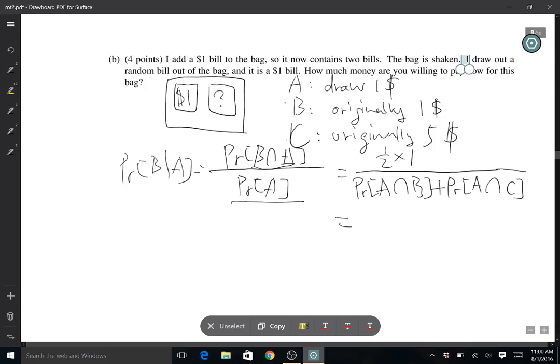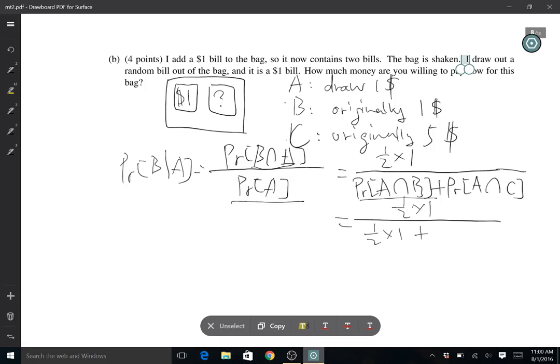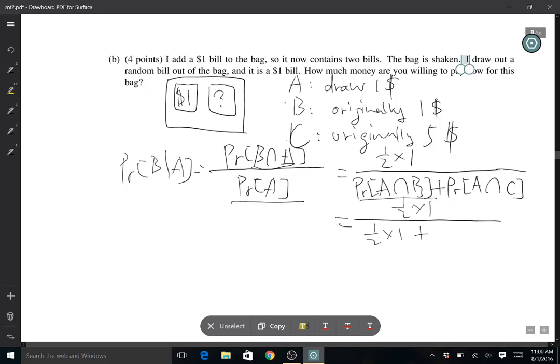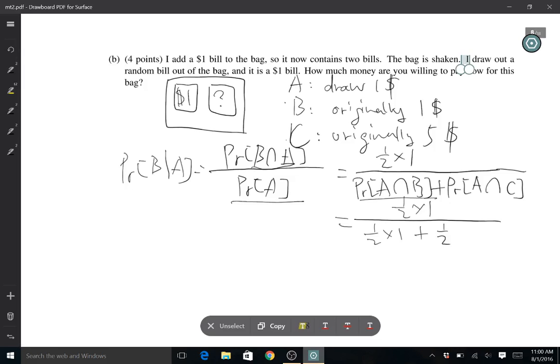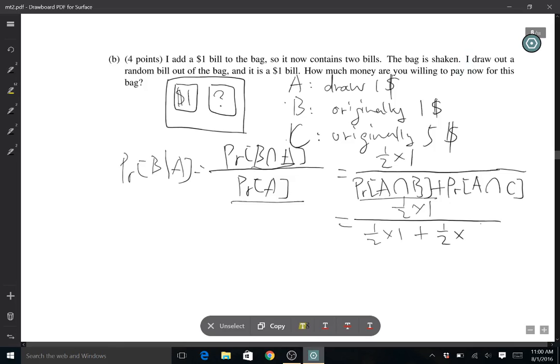So this is a half times 1. This is the same as the denominator, so it will be a half times 1. The probability of A intersect C, so the probability that originally there's a $5 bill and then you draw a $1 from it. The probability that originally it's 5 is a half. And given that originally you have a 5, the probability that you draw a $1 bill from it is a half, because now it has 1 and 5 inside.